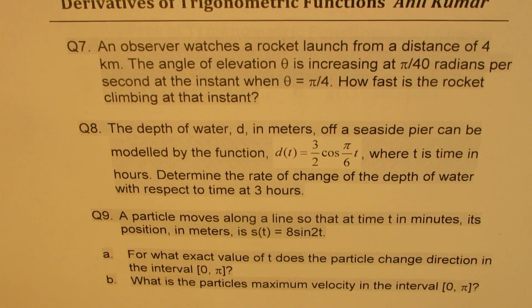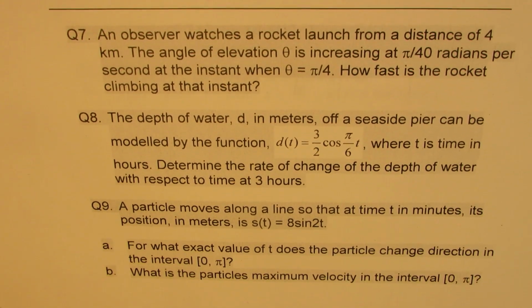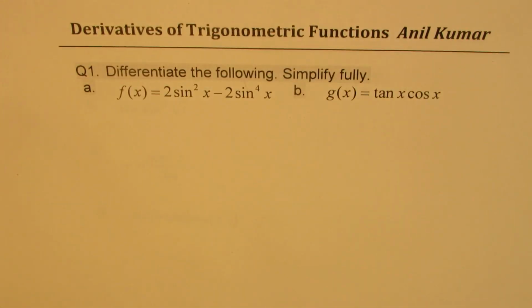What is the particle's maximum velocity in the interval 0 to pi? Now when we talk about maximum velocity, you need to actually show it as we do in calculus, right? So that is kind of important to understand. So I hope you understand all these questions and you find them useful. Feel free to pause the video and solve them while we go through these solutions, correct?